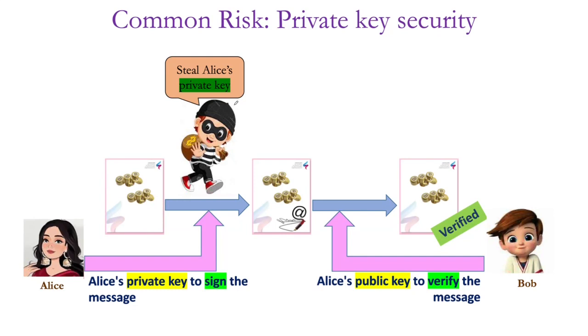Since the blockchain is not dependent on any centralized third party trusted institution, if the user's private key is stolen, it is difficult to track the criminal's behavior and recover the modified blockchain information.